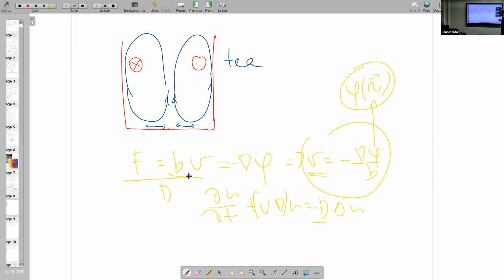At the stationary state, considering v and d together, you need to have n proportional to e to the minus phi, the potential energy, divided by k b t. So you also see that you need to have patchiness. All the particles will gather into points where you have the minima of potential energy.